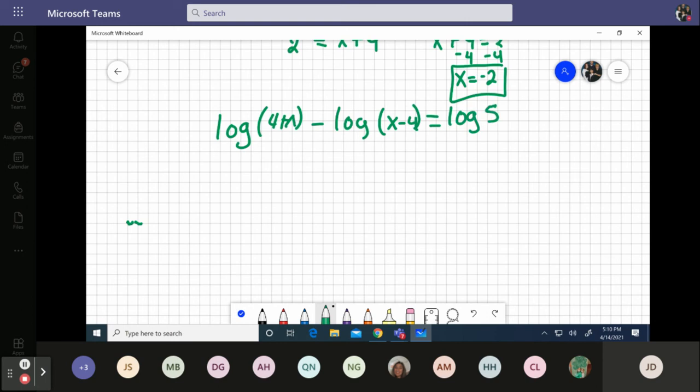What can I simplify here? Write this as a single logarithm.